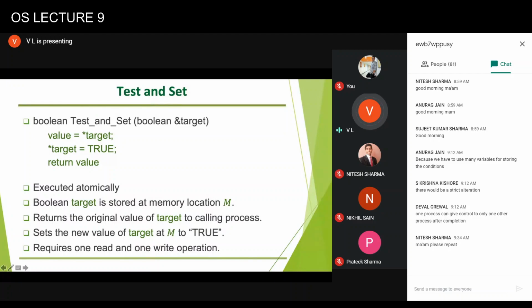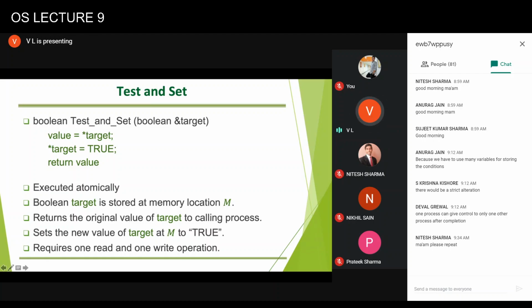This instruction involves three operations. Test and set will look at one memory location. This target is stored at a memory location. It reads the address of the memory location, and whatever is stored at that location is copied to a temporary variable.